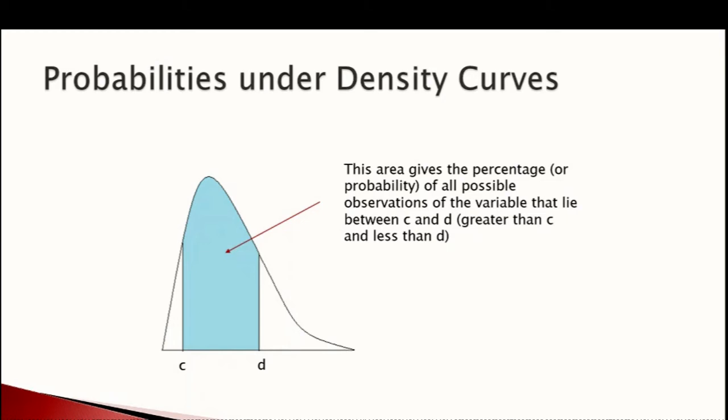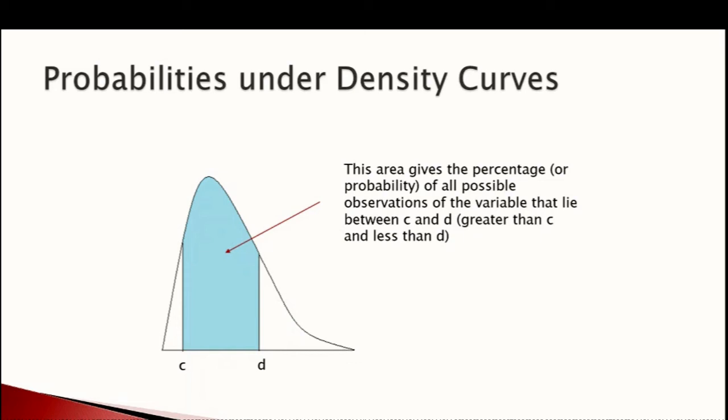So let's say that my C value is 2 and D value is 7 and the blue shaded area is 0.39. That means 39% of all of my possible observations will be between 2 and 7.